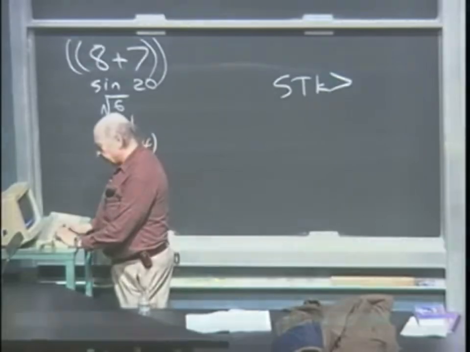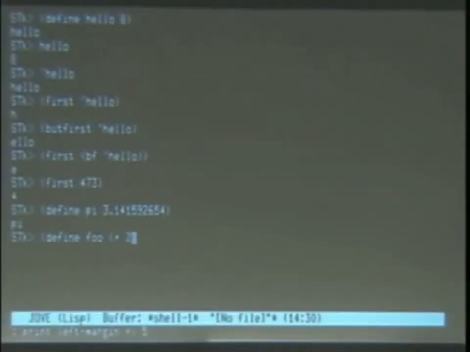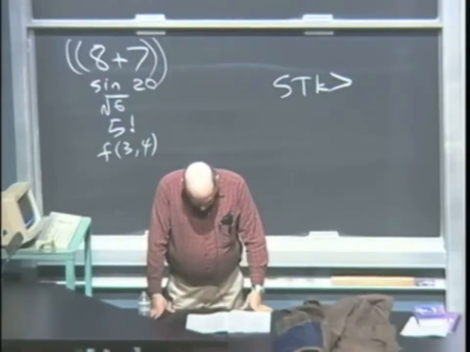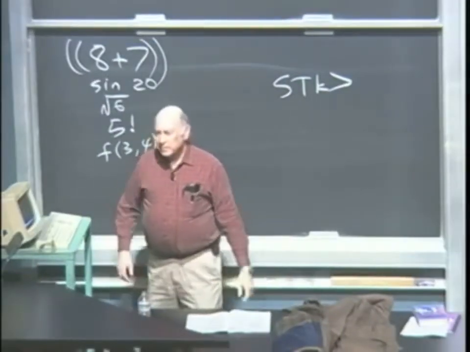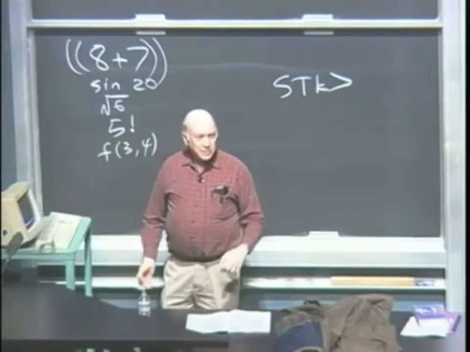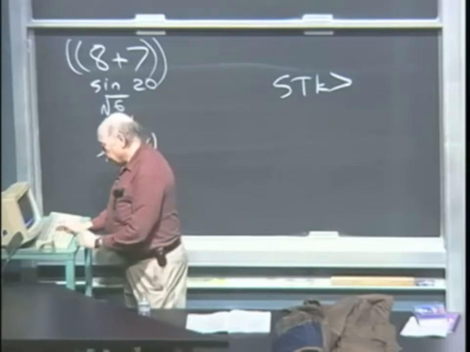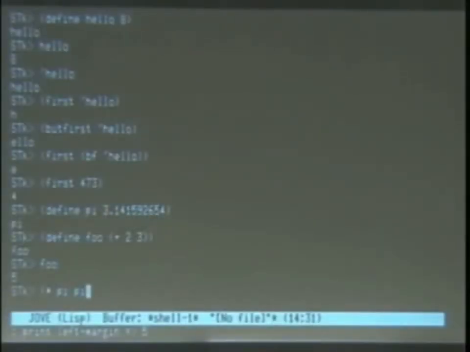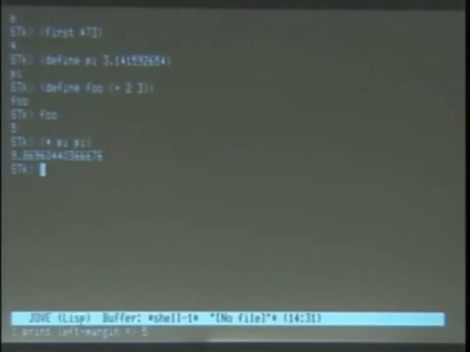If I say define foo to be plus 2, 3, the value of foo is not plus 2, 3, it's 5. Once I've defined a name like pi, I can use it not just by typing it by itself, but in expressions. I can say times pi pi, and the answer is a little less than 10.